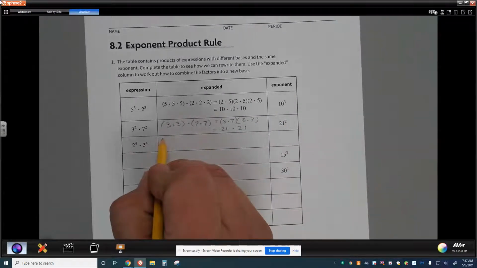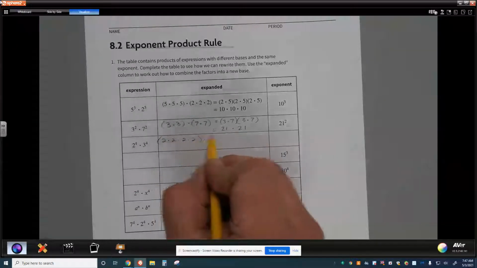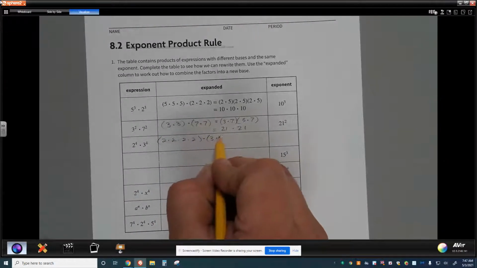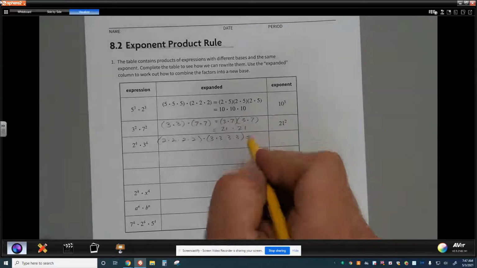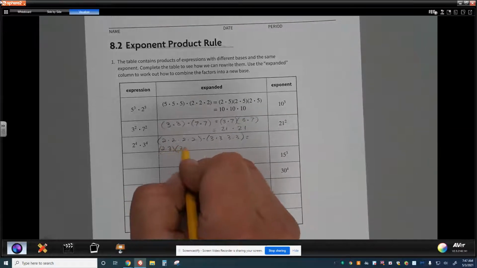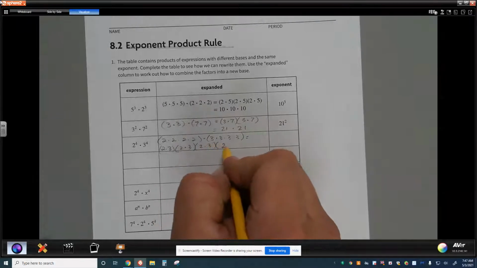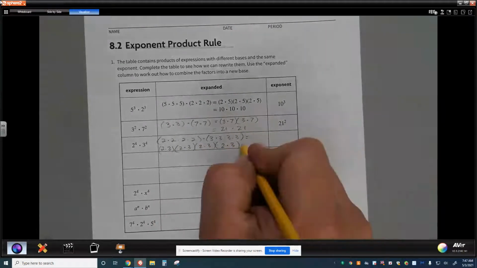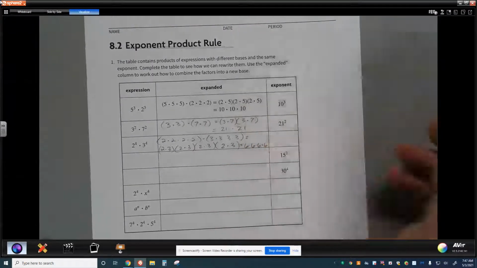We can do the same thing here with 2 to the fourth times 3 to the fourth. And that will give us a value of 2 times 3 once, twice, 3 times, 4 times, which ultimately equals 6 times 6 times 6 times 6.